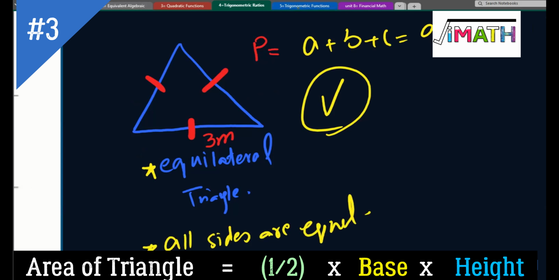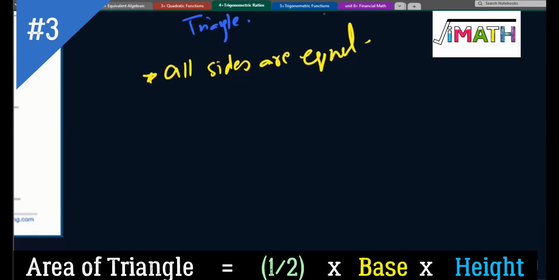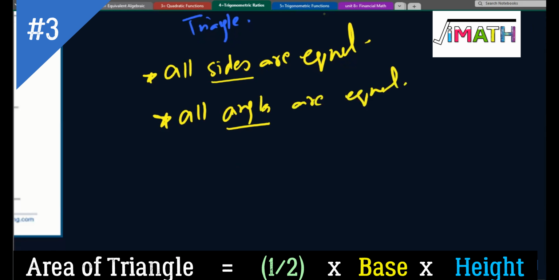Yeah, because in an equilateral triangle, all sides are equal and all the angles are equal as well. That's going to be the property of the equilateral triangle. All sides and all angles are equal to each other.